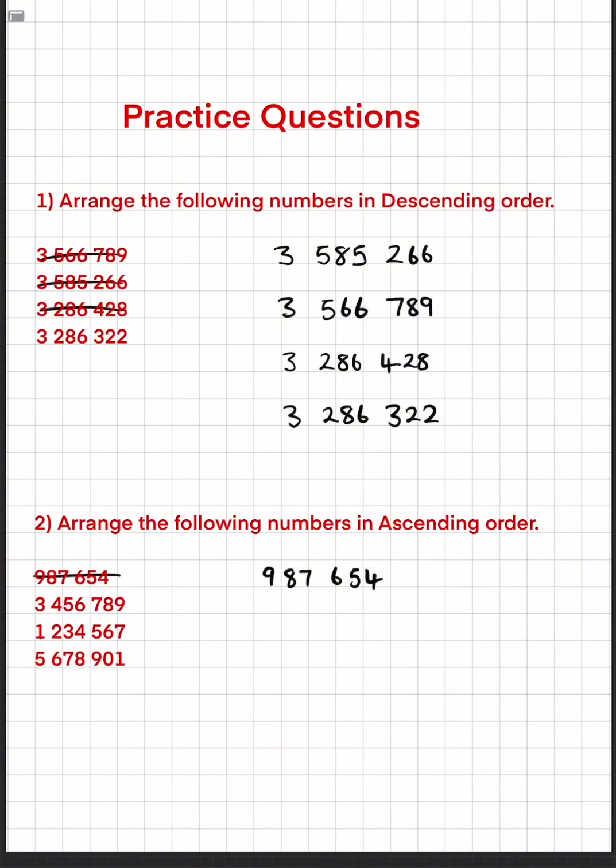We have 3 million, 1 million, and 5 million. 1 million is smaller than 3 million and 5 million, so the next smallest number is 1,234,567. 3 million is smaller than 5 million, so the next smallest number is 3,456,789, leaving us with the largest number, which is 5,678,901.